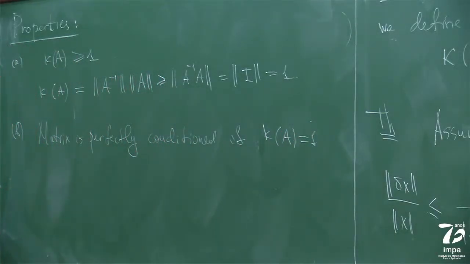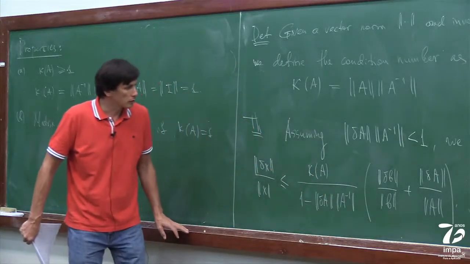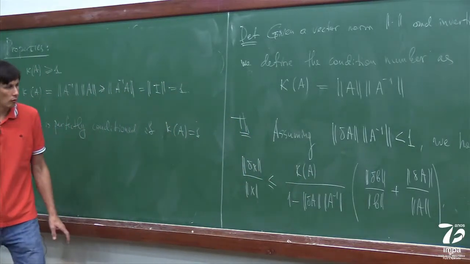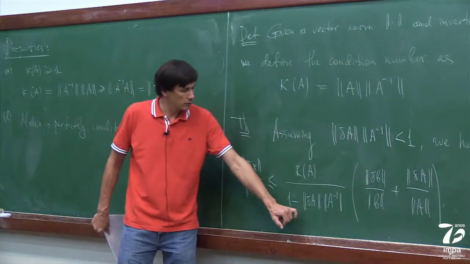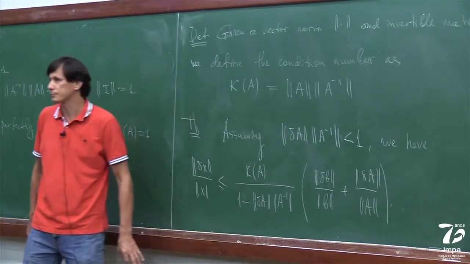It's the smallest possible, so it's the best matrix in terms of amplification of error. If the condition number is 1, we know that the error will not be amplified, except for this denominator, which becomes 1 for small errors.